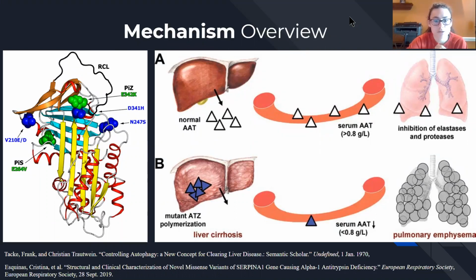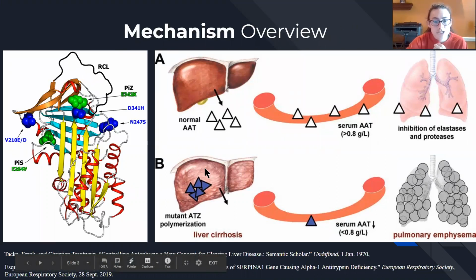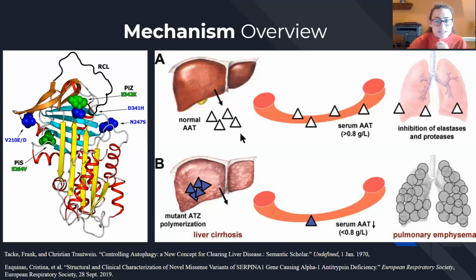This causes polymerization, which you can see in the right image. That polymerization causes stress in the hepatocytes of the liver, causing liver disease and liver cirrhosis. Because these AAT proteins can't leave the liver, it reduces the amount in the bloodstream which can travel to the lungs. In the lungs, neutrophil elastase becomes unchecked and excess elastin is broken down, causing a variety of symptoms such as pulmonary emphysema and COPD.